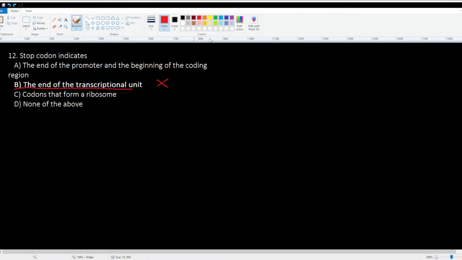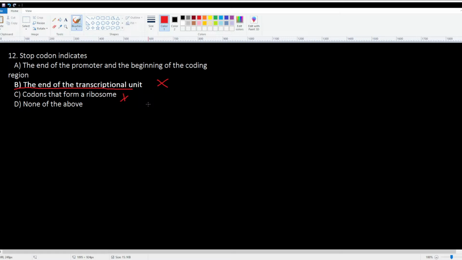So let's start from C. Codons that form a ribosome. Well, that one's just wrong because codons don't form ribosomes. That's rRNA, and we don't really worry about rRNA in terms of transcribing. So B is saying that the stop codon indicates the end of the transcriptional unit.